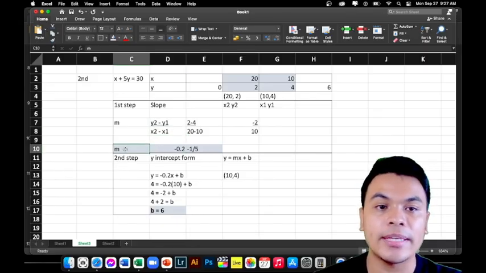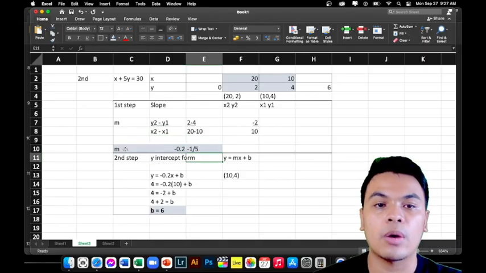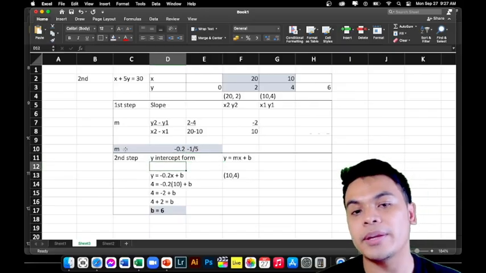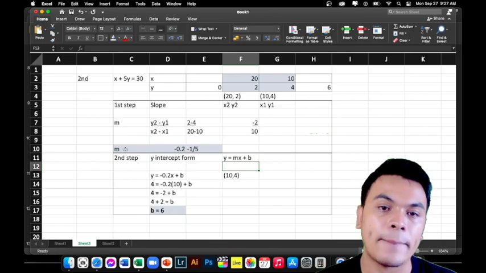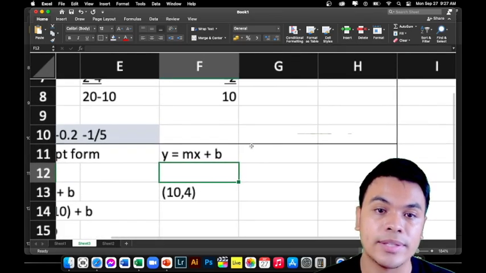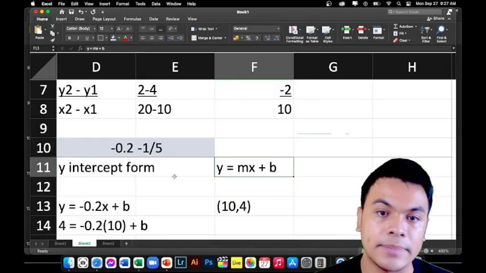After identifying the slope, we substitute this value into our y-intercept form. It's very important that you remember the y-intercept form, y is equal to mx plus b. What we are trying to identify is the y-intercept, not the y variable, which is the b.